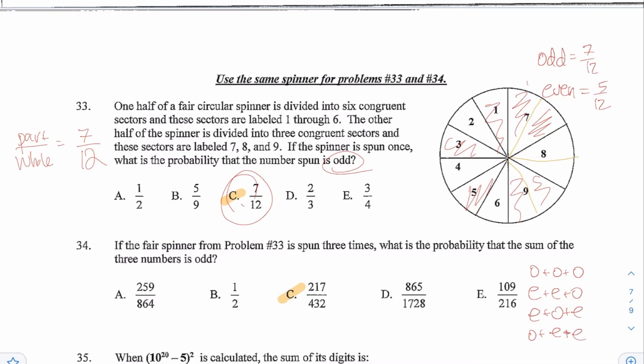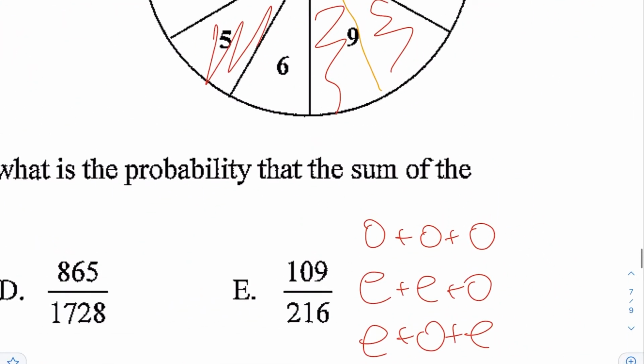So when you spin the spinner, an even number first plus an odd will be different from an odd number first plus even, because you have 2 additional opportunities to get an odd sum. So all you have to do is just multiply each of these together, because each of these would be the counting principle.